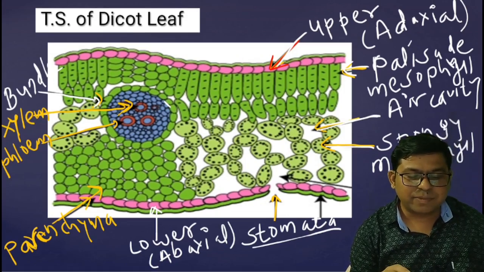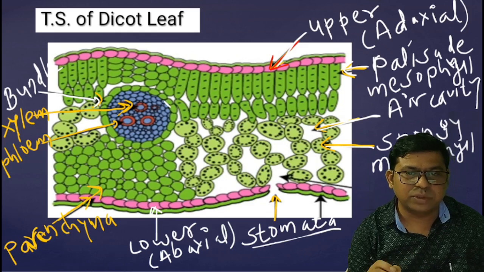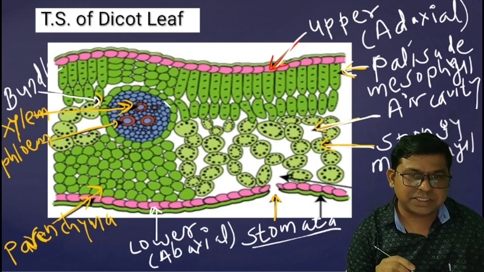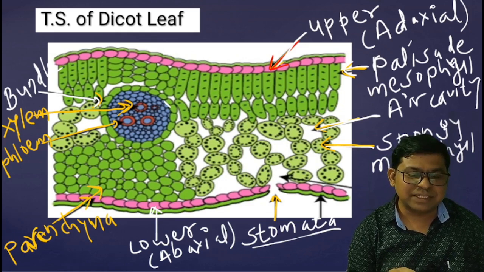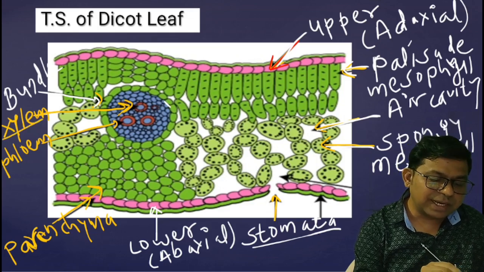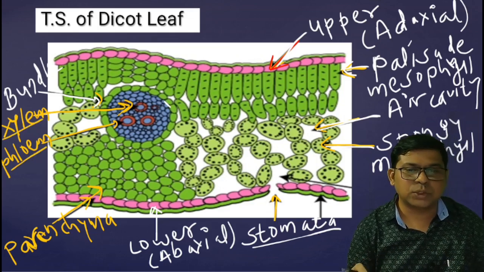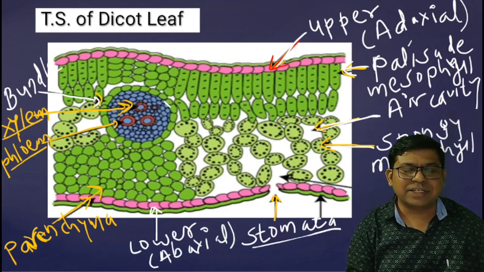And the collenchyma cells are found just below the upper epidermis and just above the lower epidermis. The vascular bundle, xylem and phloem elements, are associated with the sclerenchyma cells.